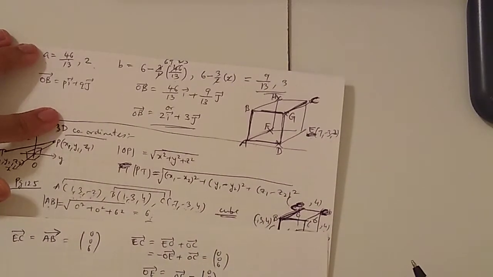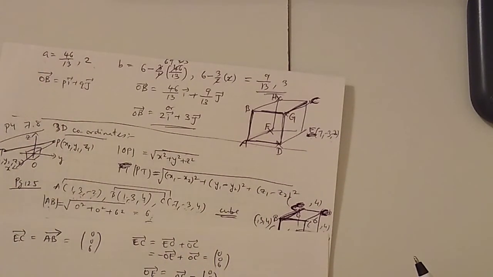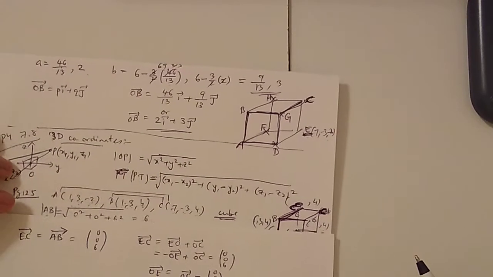Now let's try to find out the next coordinate. We do know that FH is also equal to AB.